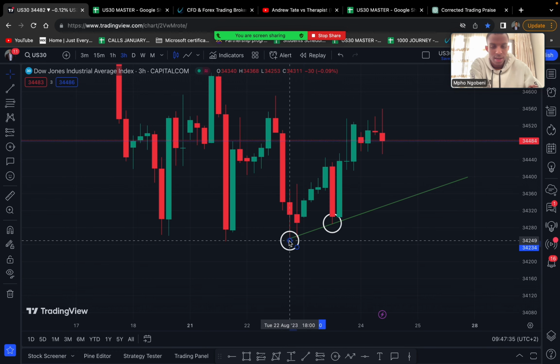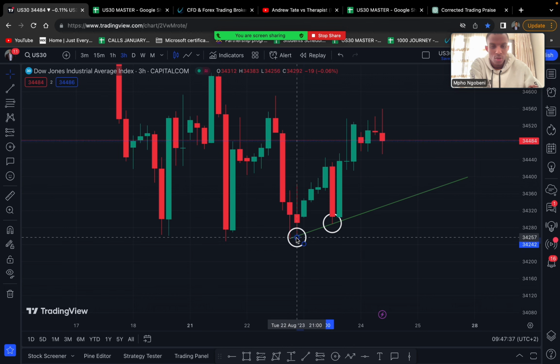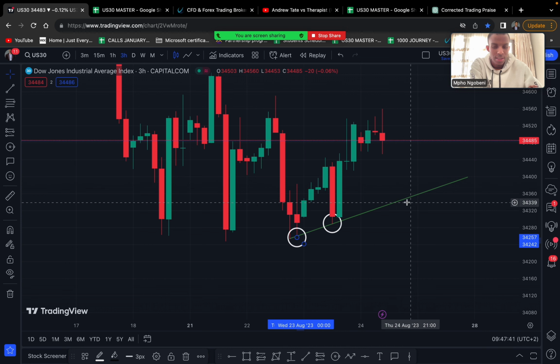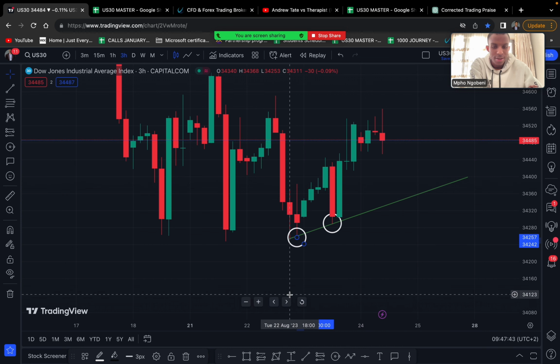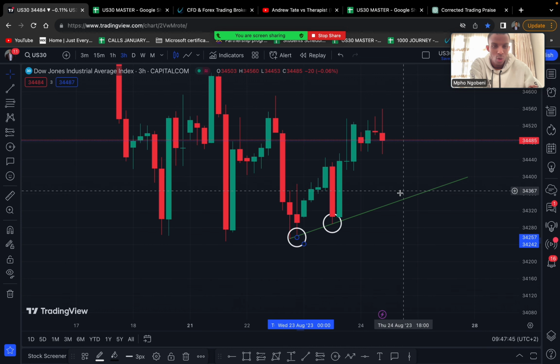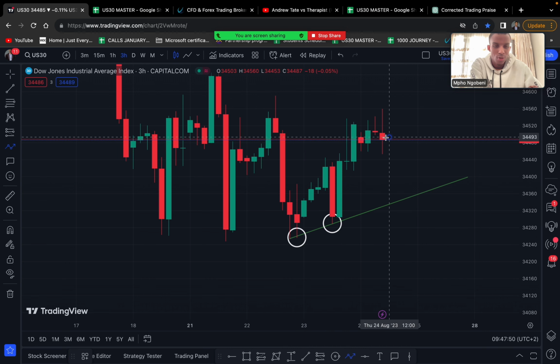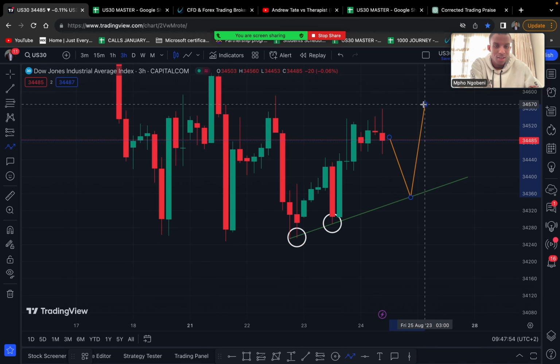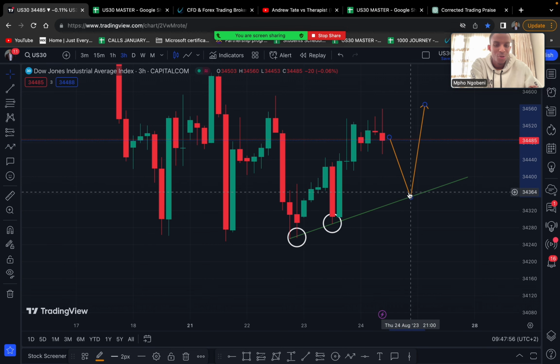So let's check the times there. I see 18 and 21, 6 and 12. This area will be good if either 6 or 12 comes to this area. This will be a good support using the time zone trend line trading strategy if only 12 o'clock or 6 o'clock comes to this area.